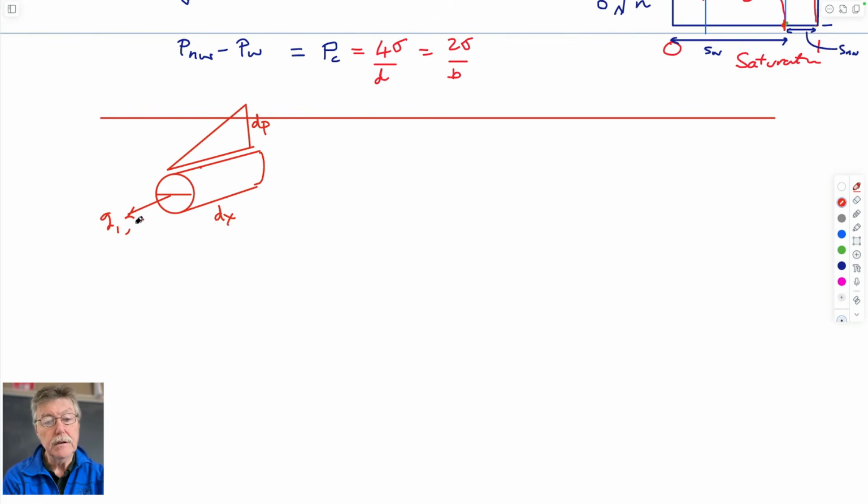Q1, Q2, we've called it. And so we can write Darcy's law as Qi equals a relative permeability, an actual permeability, a viscosity of that fluid. If it's water, then it would be the behavior of water, a pressure gradient, and a length.